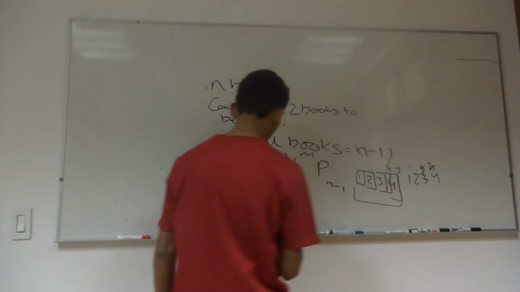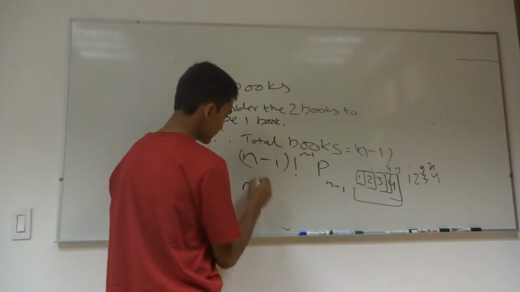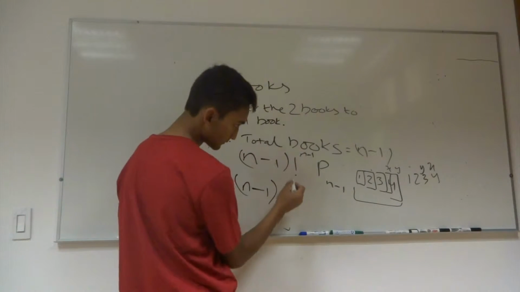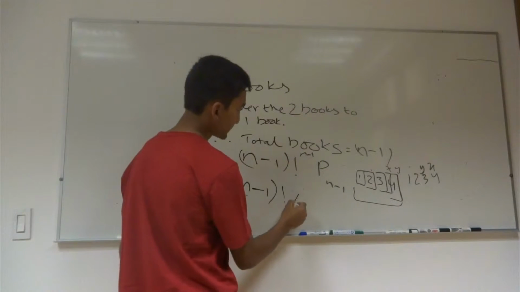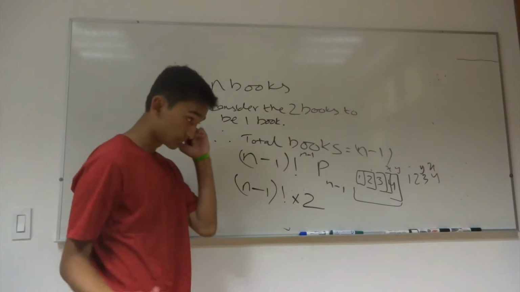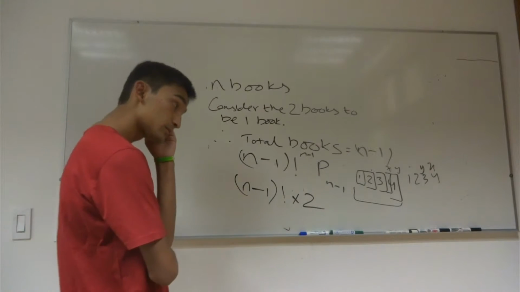So basically what we do is n minus 1 factorial times 2. Yeah? Easy.